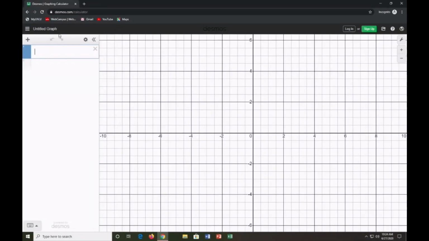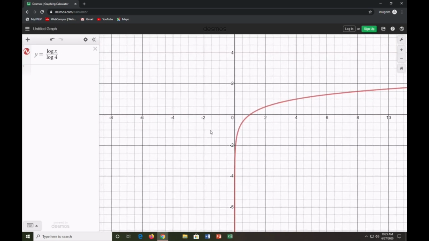Okay, we're back. So we want to graph y equals log of x divided by log of 4. This is the way we can graph this function, because this computer does not have log to base 4. So I have to graph it like that.